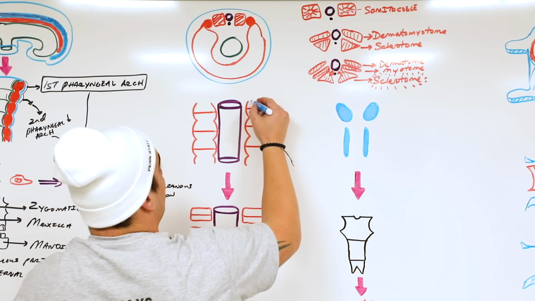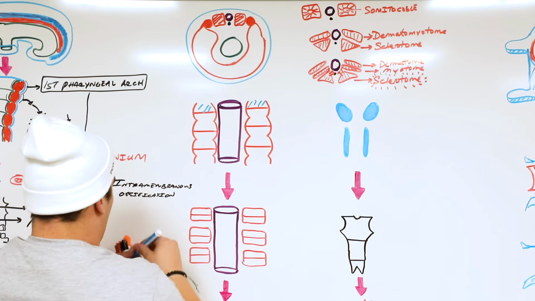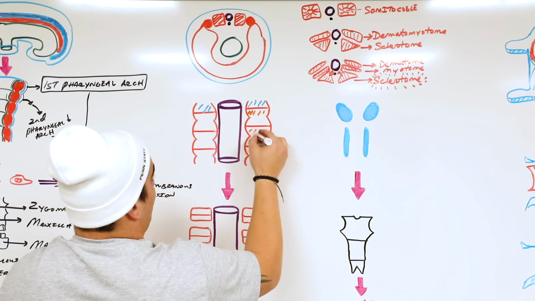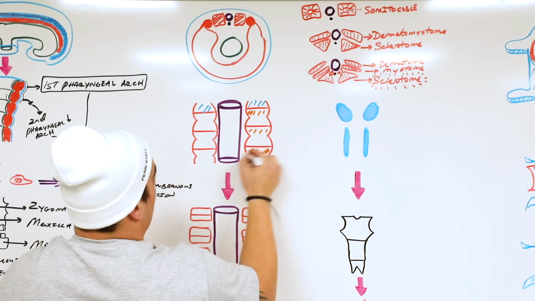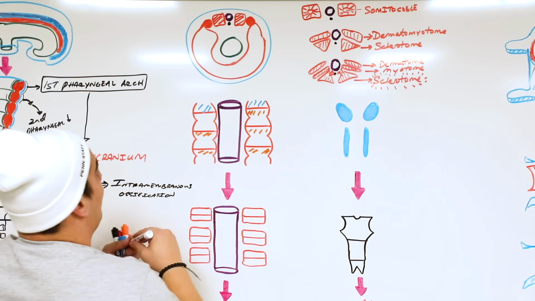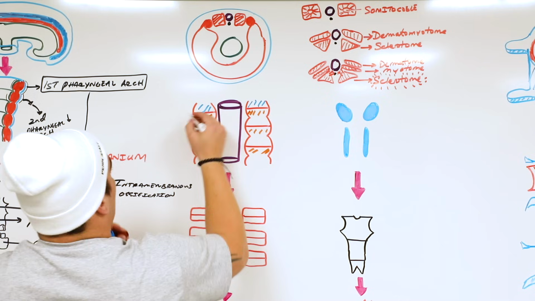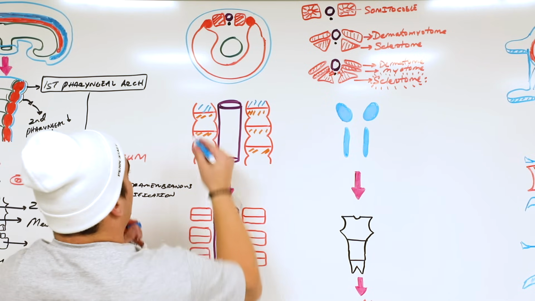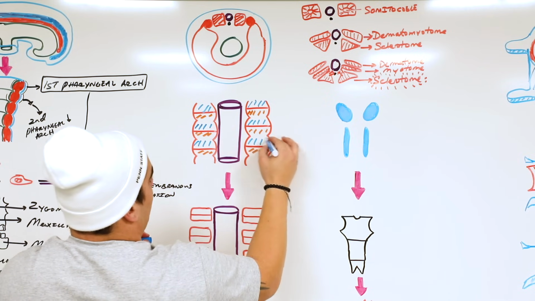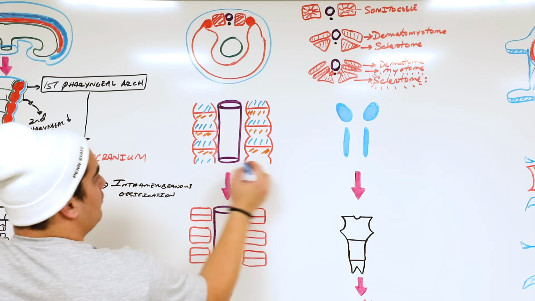The top part is going to be the rostral portion, and then this brown part here is going to be the caudal portion. So you have the caudal portion here, and then here you're going to have the rostral portion in blue. So again, rostral is blue, the caudal is brown.